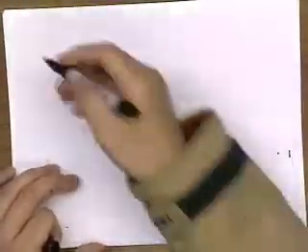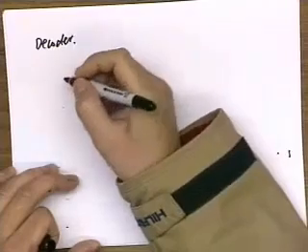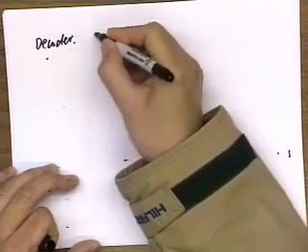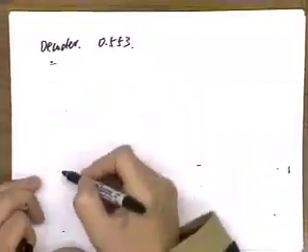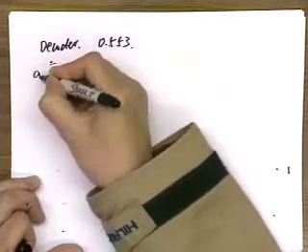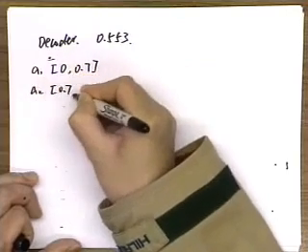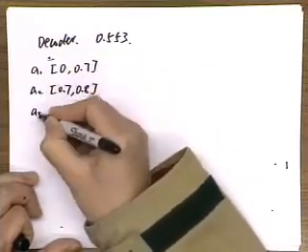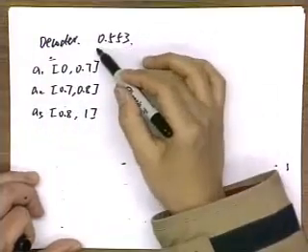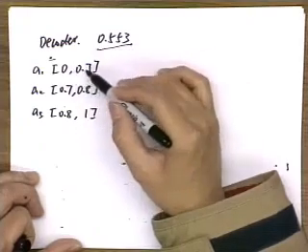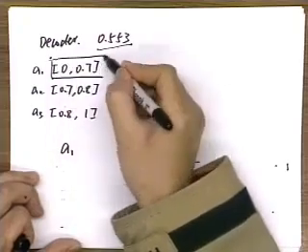For example, on the decoder side, we use the number 0.553, and in the first step we know that A1 belongs to 0 to 0.7, A2 belongs to 0.7 to 0.8, and A3 belongs to 0.8 to 1. So this real number falls into the category of A1. So we decode the first symbol as A1, and we select this range and enlarge it.